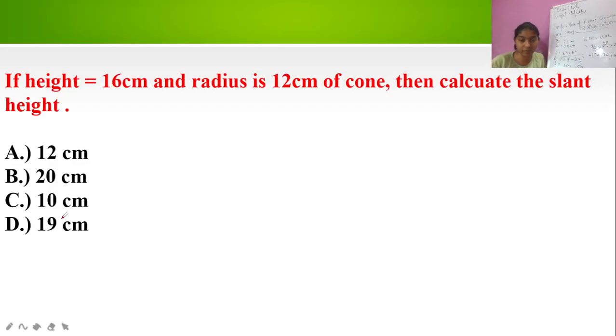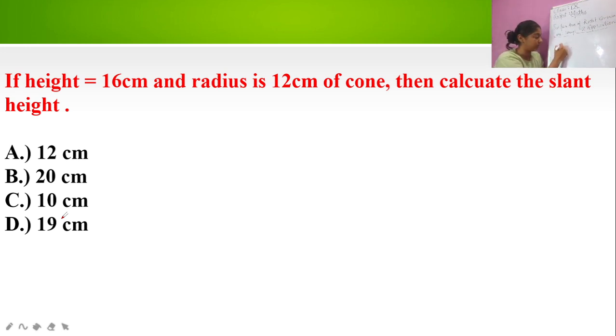Now students, do this question. You are given a statement along with 4 options. So you have to solve this. Yes, we have a height, we have a radius, but we have to calculate the slant height. So how will you calculate? Yes, we will use the Pythagoras theorem. Very good.